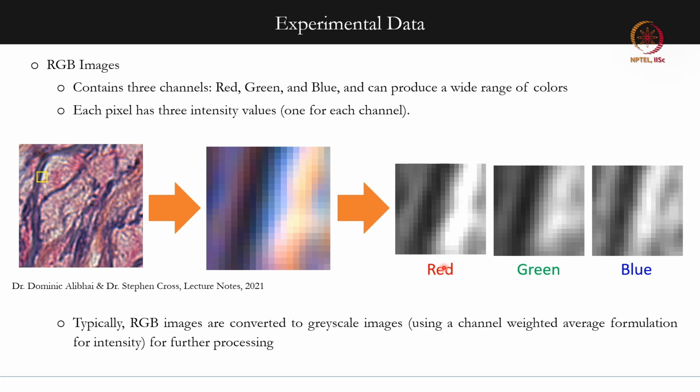And in most of the image processing that we do for experimental data, most of the images are grayscale in nature. So for further processing, whatever we will be doing in the rest of this lecture, we'll be focusing on grayscale images.